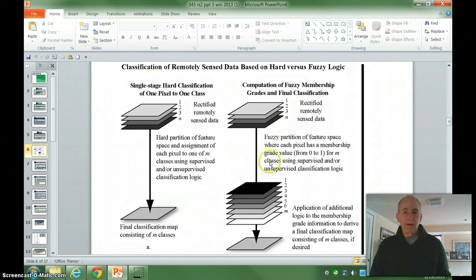In fuzzy classification, you can think of maximum likelihood as being a kind of partial fuzzy classification because all pixels are scored on all of the classes, and then the highest score wins. And so how that score is calculated can be modified slightly as the classification proceeds.